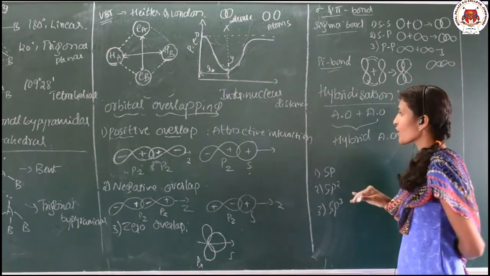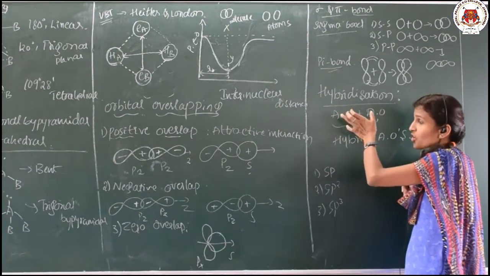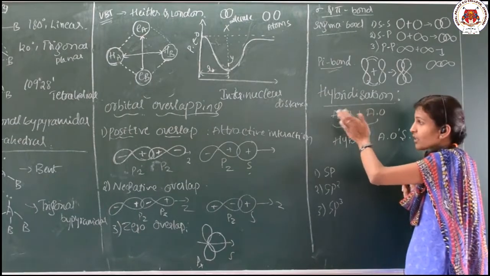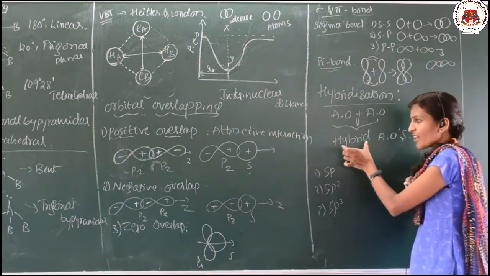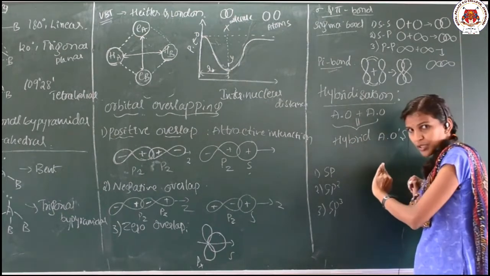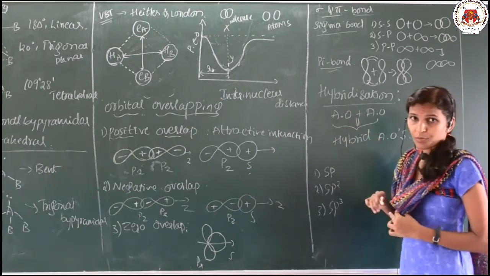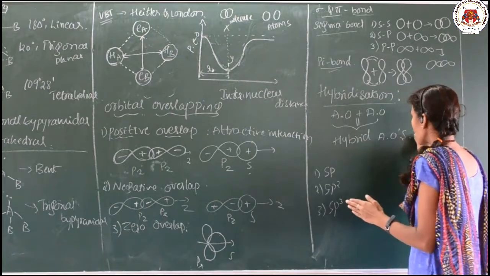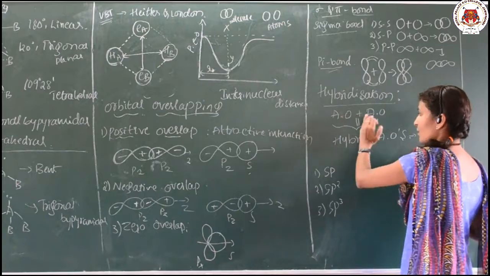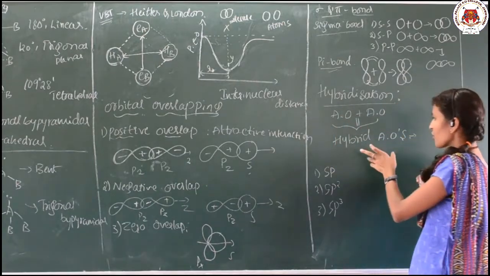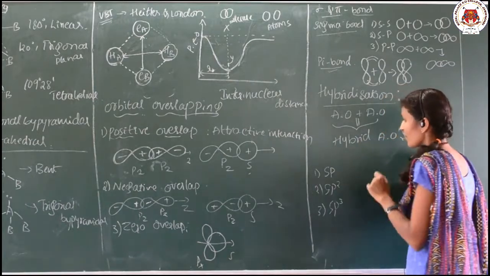After hybridization, the intermixing of the atomic orbitals which have a slight energy difference produces a set of hybrid atomic orbitals which all have the same energy. Previously these had different energies, but after hybridization, whatever hybrid atomic orbitals are formed, all have the same energy.